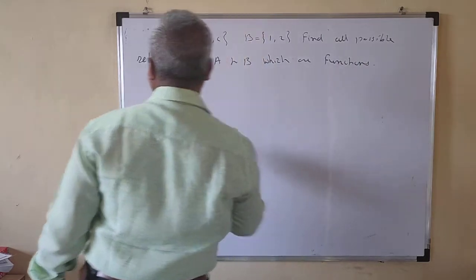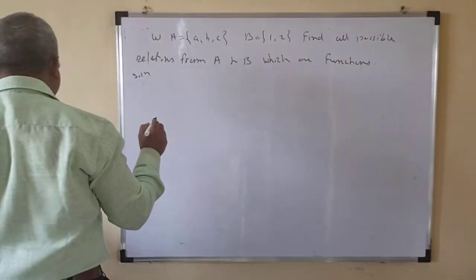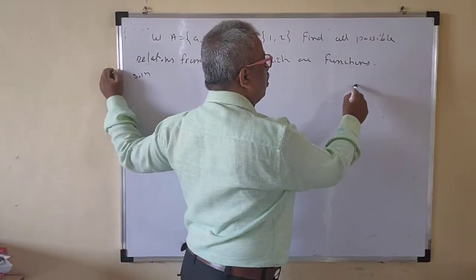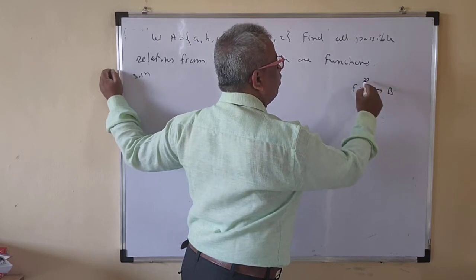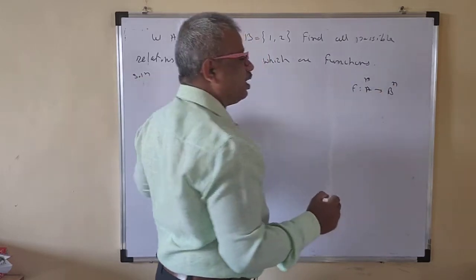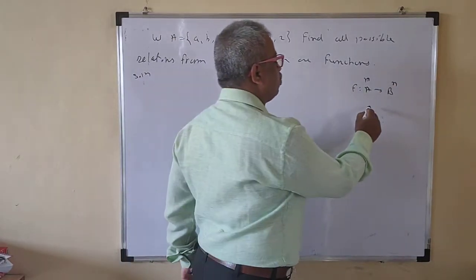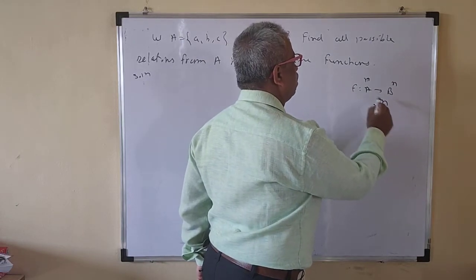Solution. You know that if f is from A to B and the number of elements in A is m and the number of elements in B is n, how many functions can you form? n raised to m.